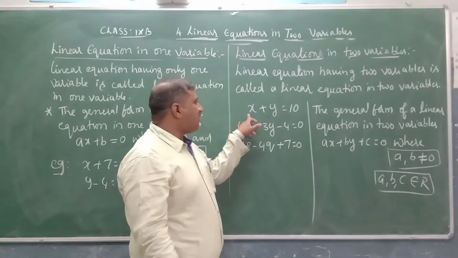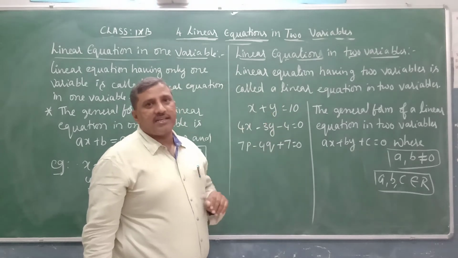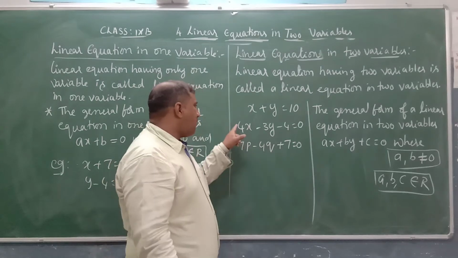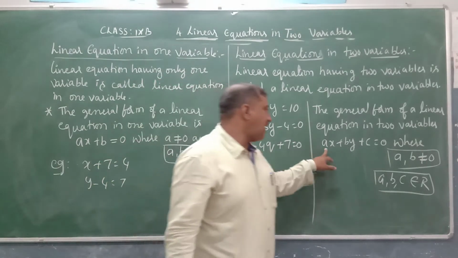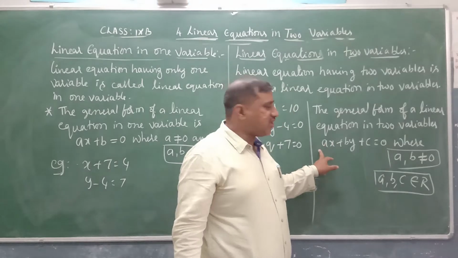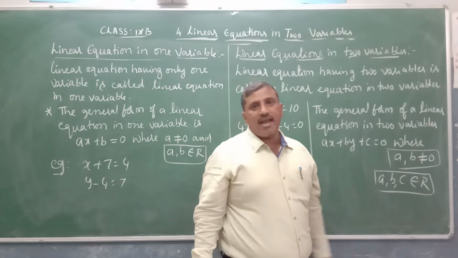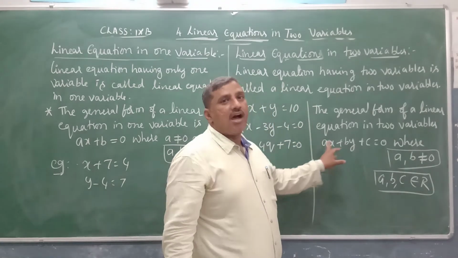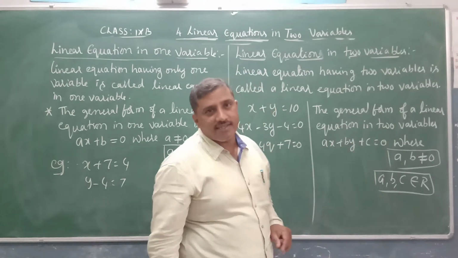Now see here the first equation, x plus y is equal to 10. It is not in the general form or standard form of a linear equation in two variables, but the other two equations are in the standard form. Here a is known as the x coefficient, b is known as the y coefficient, and c is the constant term.